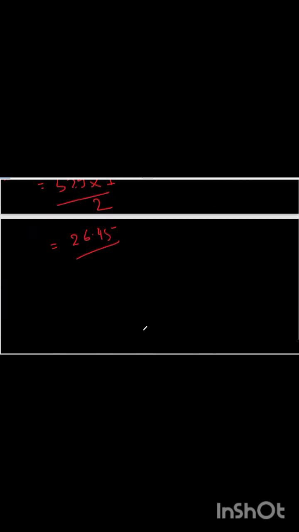So let's see. Energy of Li2 plus is minus RH Z square by n square. RH is 2.18 times 10 to the power minus 18. It is given. Lithium's atomic number is 3, first orbit. So minus 2.18 into 10 to the power minus 18 into 9.